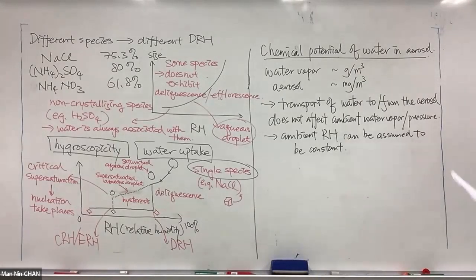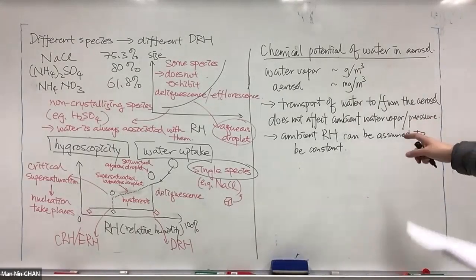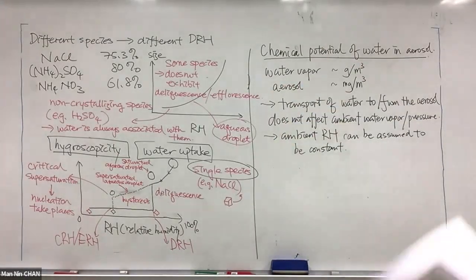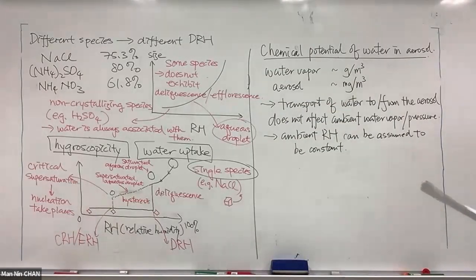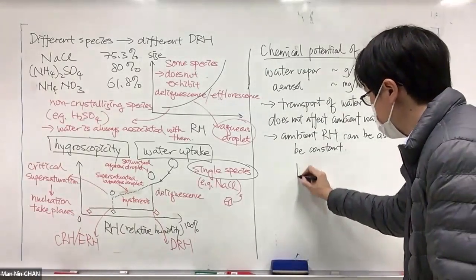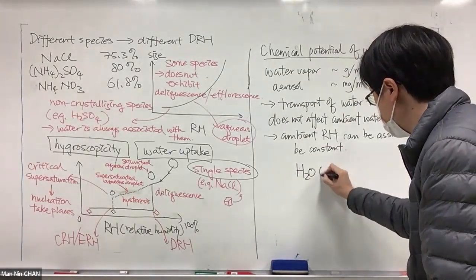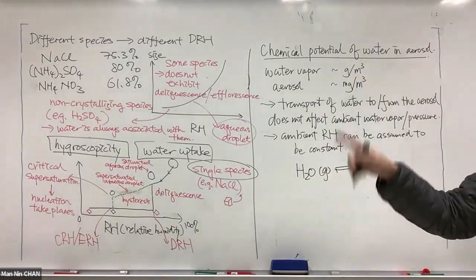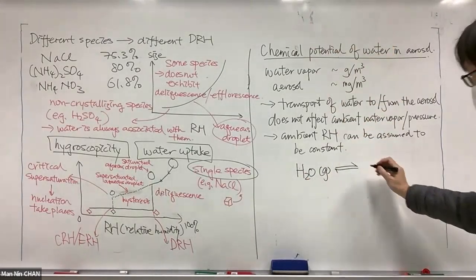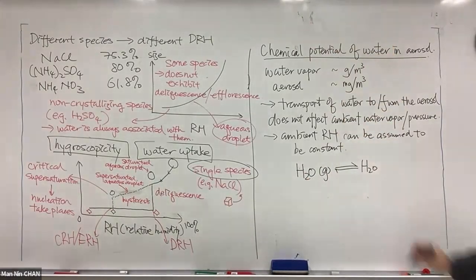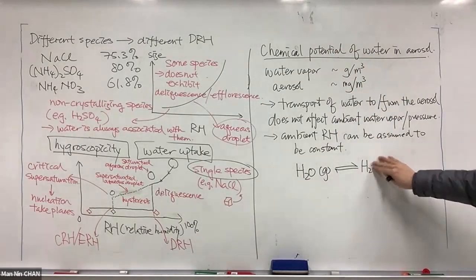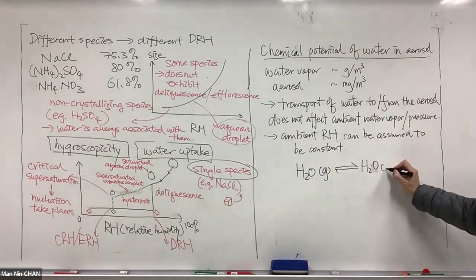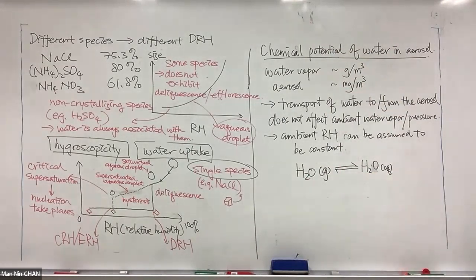Now we can talk about gas particle partitioning of your water. You can have some water uptake, so you can argue there is partitioning of water between the gas phase and the aerosol phase. Some water will be in the gas phase, some will be in the aerosol.